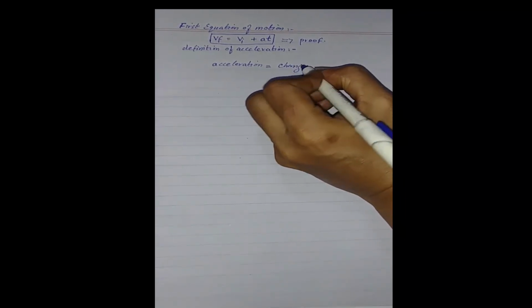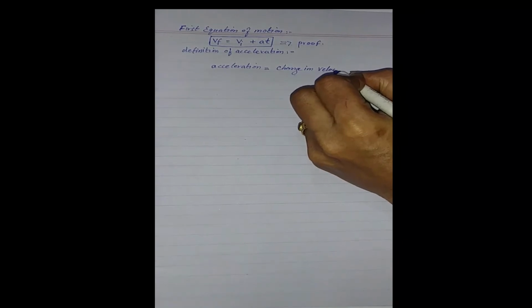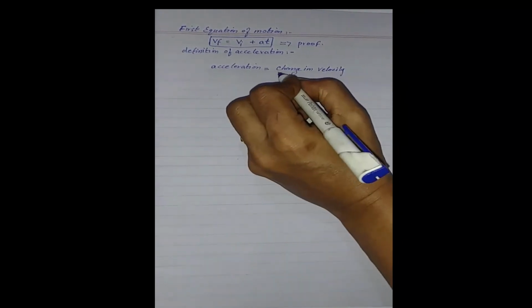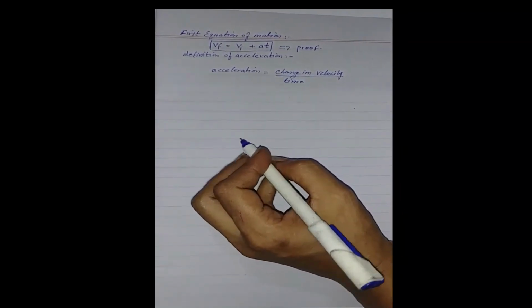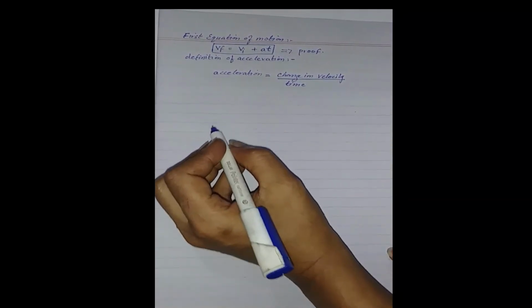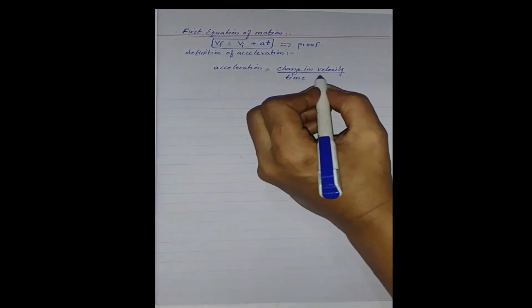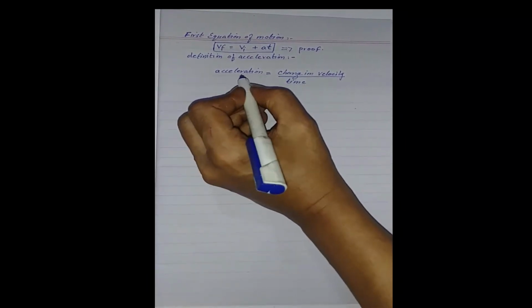change in velocity upon time taken by the object. This we have discussed in the previous class about acceleration, that acceleration is the change in velocity over the time taken by the object.